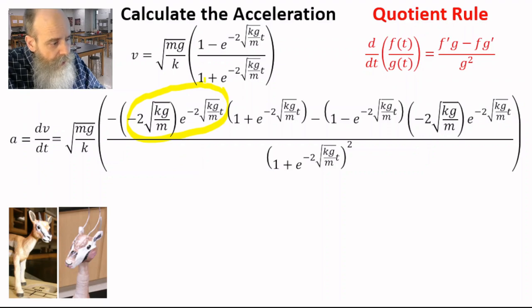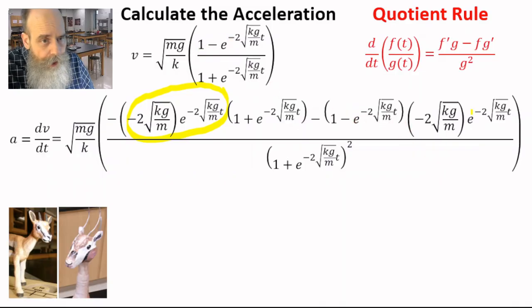So the derivative of this: derivative of 1 is 0, and for the derivative of this, we have the negative, and then we got negative 2 square root kg over m coming in front when we take the derivative of the exponential function. So that's f prime. And then this is g, right here. They're the same. Then minus f, so this f is over here.